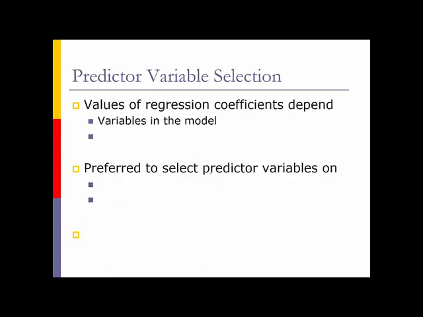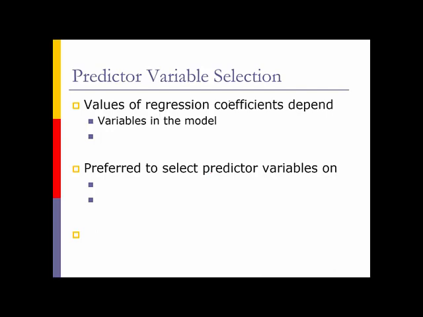Now, in terms of predictor variables, with multiple regression we're going to have multiple regression coefficients, multiple variables, and the question always comes into play is, how do we take these variables and actually put them into the model? There's a lot of things that we can do to figure out how we're going to enter these values in the model.